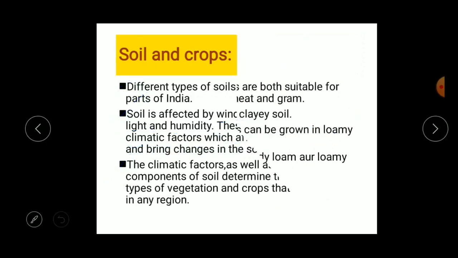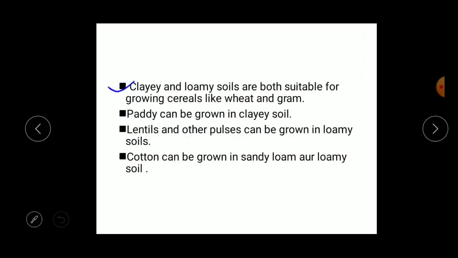The next point is clayey and loamy soils are both suitable for growing cereals like wheat and gram, because such soils are good at retaining water.